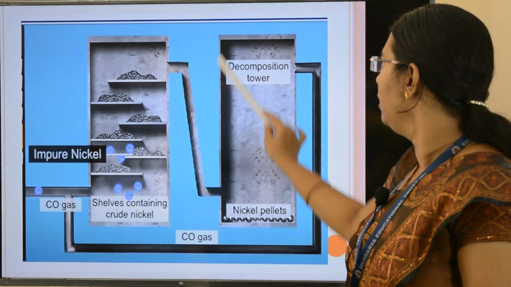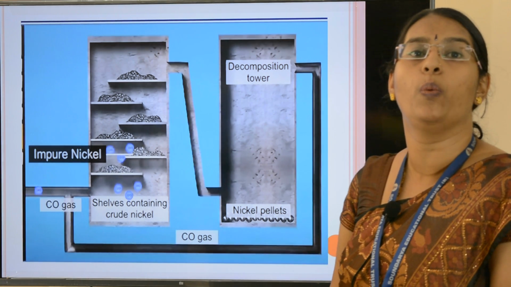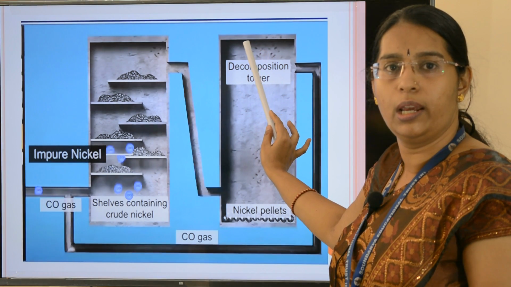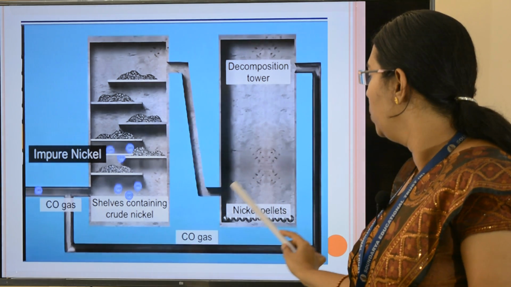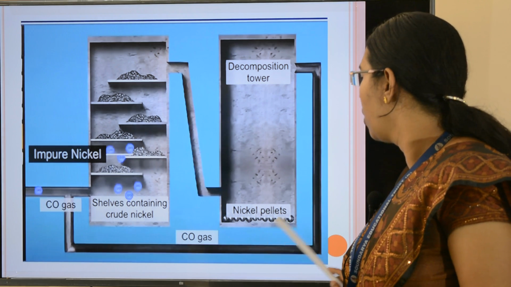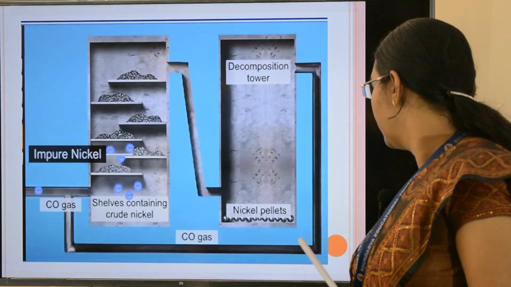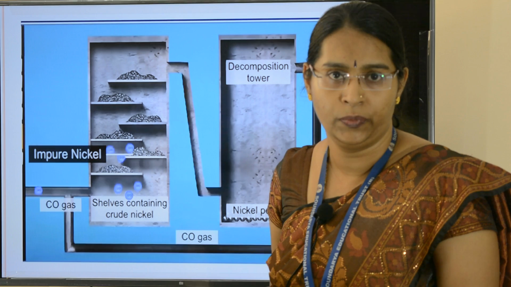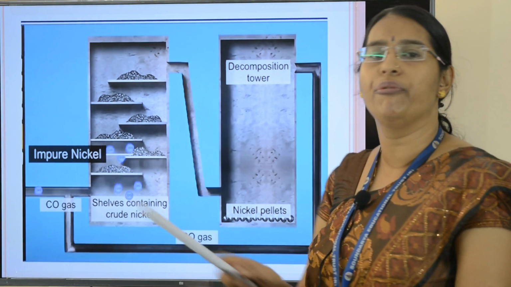Then in this decomposition tower the temperature is increased to about 180 degree centigrade, and nickel tetracarbonyl decomposes to give pure nickel vapors, which then solidify to give nickel pellets, and carbon monoxide gas is released, which can be reused for the next process. So in this particular method we can get the pure form of nickel.